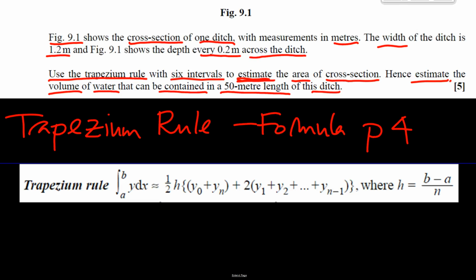So here's the version of the trapezium rule in your MEI formula book, and let's just have a quick look at the items we've got to look for. So the trapezium rule is that the area, this integral on the left, is approximately represented, estimated by this formula. So we've got 1/2 times h. So what's h? h is our strip width.